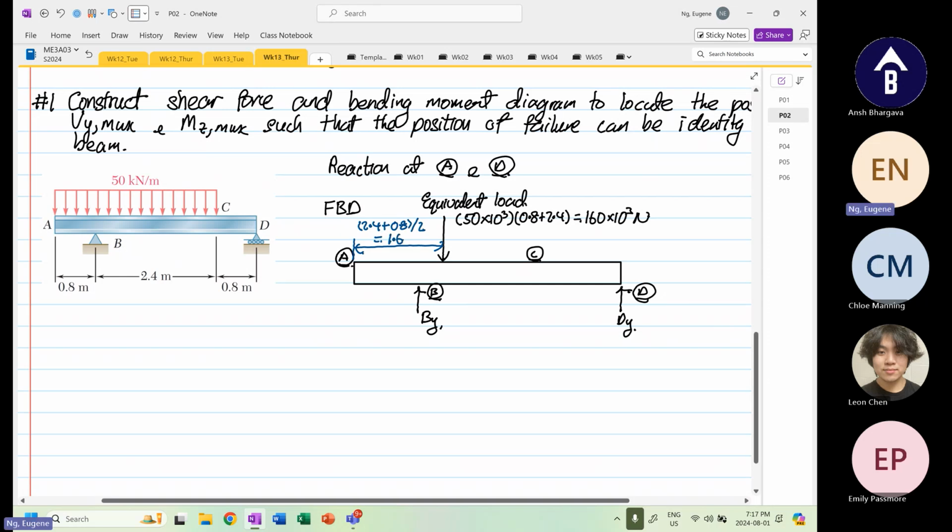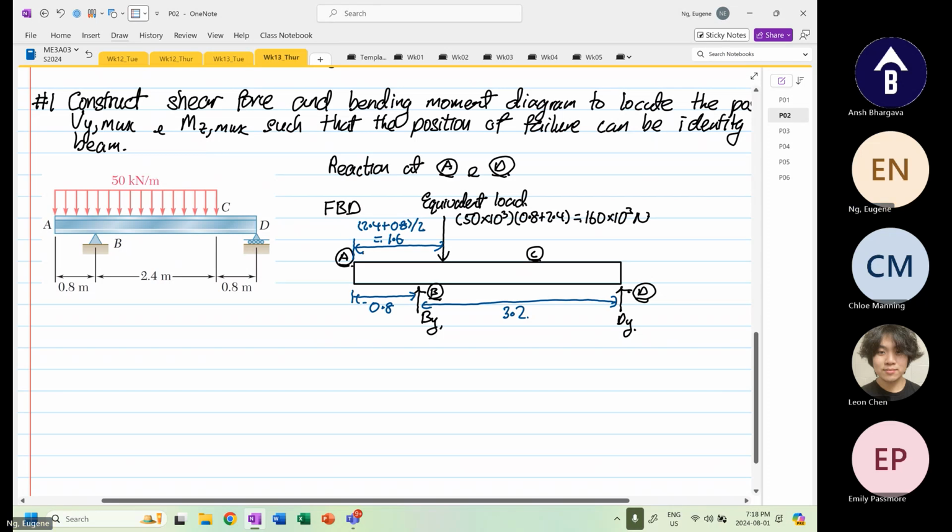Okay, so get all your distance sorted out. So from here to here, this distance is 0.8. And then from here to here, that distance is 2.4 plus 0.8, which is 3.2.